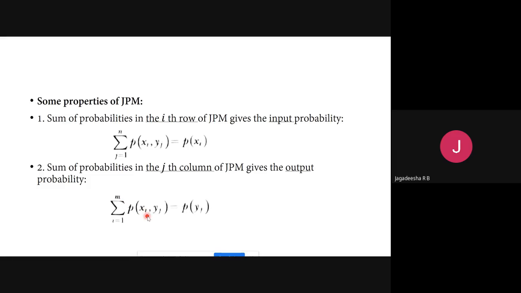Then what happens when you sum that up? You are moving along the same column between different rows, because this is constant, one column. When you sum up that, you get the probability of the output yj.